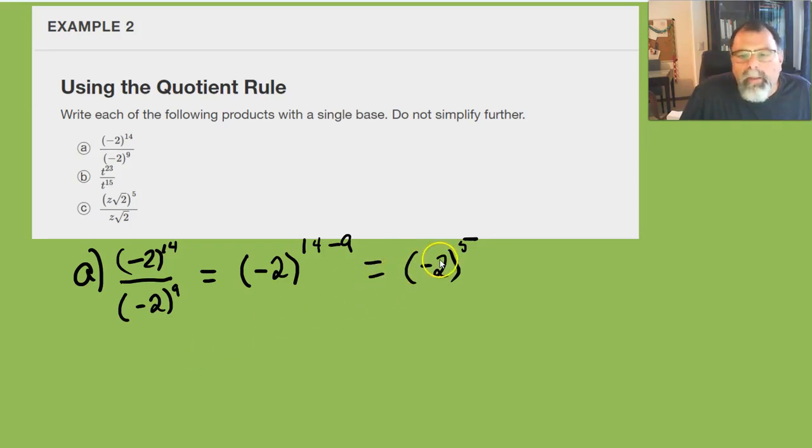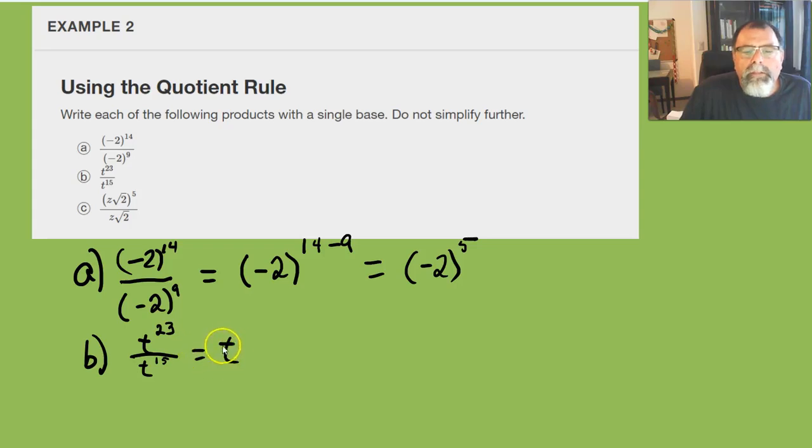And then normally, if it didn't say do not simplify further, we'd get out our calculator. Negative 2 times negative 2 times negative 2 times negative 2 times negative 2 would be negative 32. Or, use the exponent button on your calculator, which would be even better. All right, so B. t to the 23rd over t to the 15th.